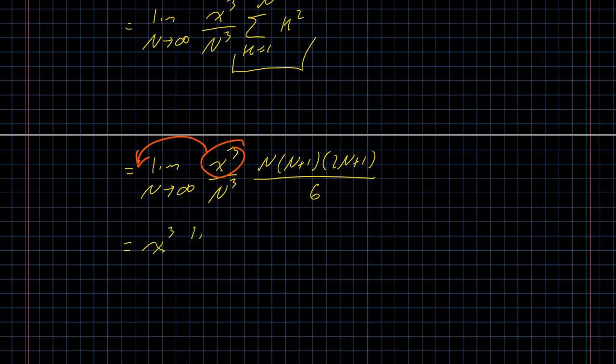So x cubed times the limit as n goes to infinity. Distributing in the numerator, I'm going to have n cubed. Let's see. N times 1, 2n times 1 is 3n, times n is going to be 3n squared. And then 1 times 1 is 1, times n is n.